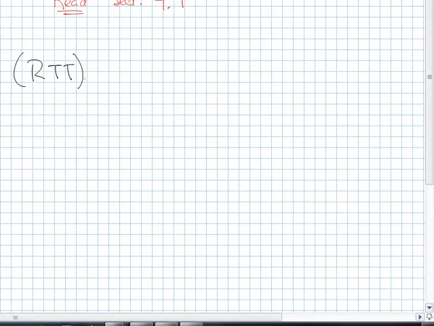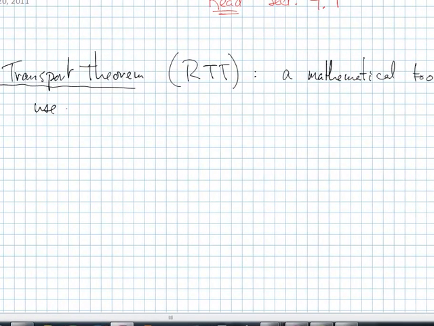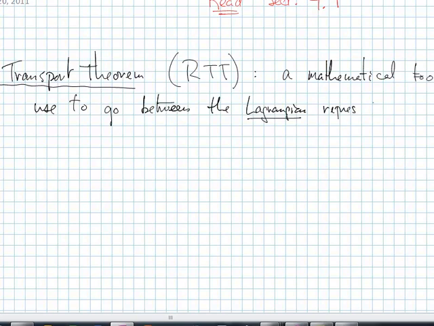So the RTT, what is it? Well, it's a mathematical tool that we use to go between the Lagrangian representation of the fluid and, what's the other one called again?